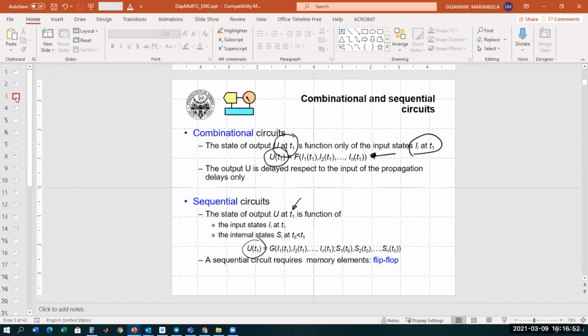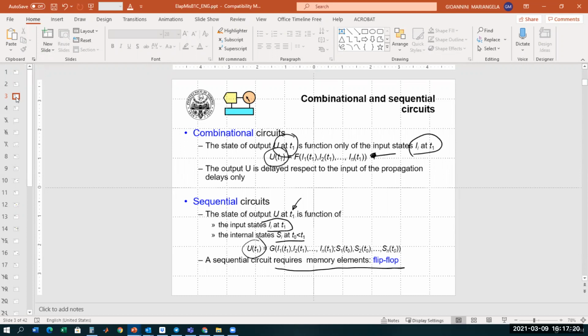is again a combinational logic function of the input states as in a combinational logic circuit, but also a function of the states registered in the previous time instance. So the time is in the past. And for doing that, we require a memory element.